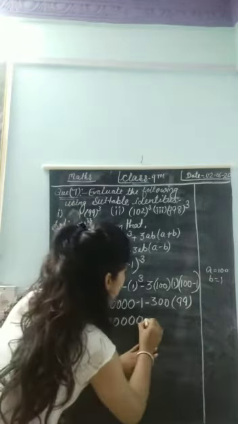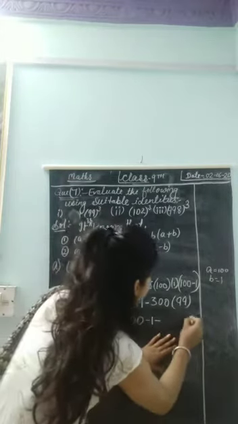10 lakh minus 1 minus, we have to multiply 300 by 99.